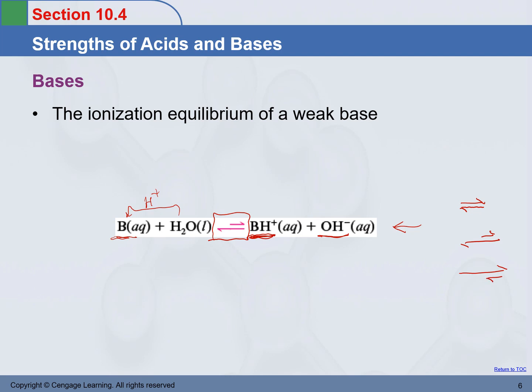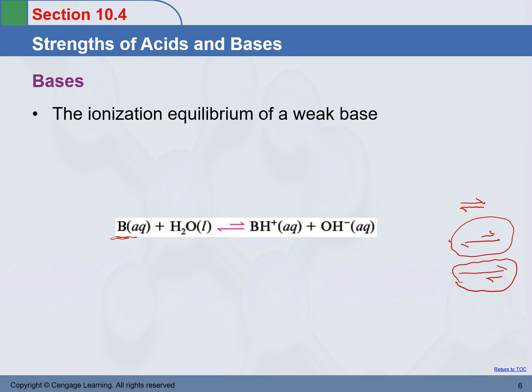An equilibrium arrow like that tells you it favors the left. A symbol like that tells you it favors the right. So right now we're talking about a weak base, the equilibrium favors the left. That's why the symbol is written like that.